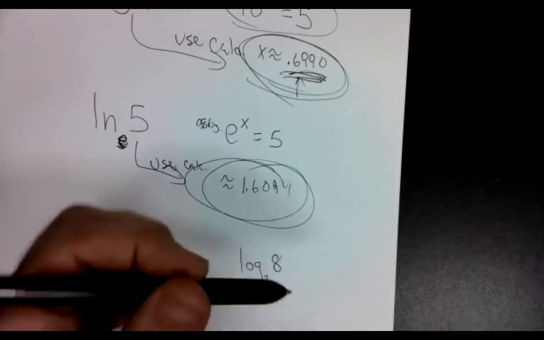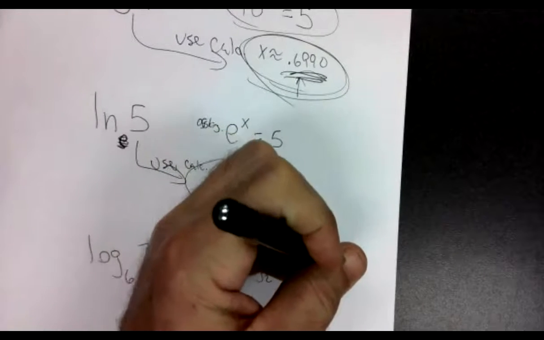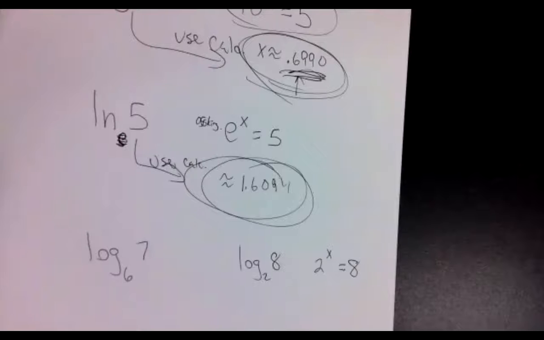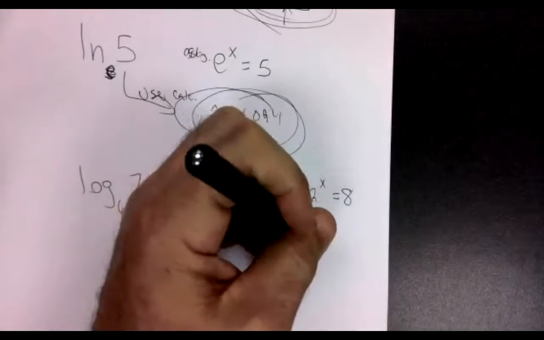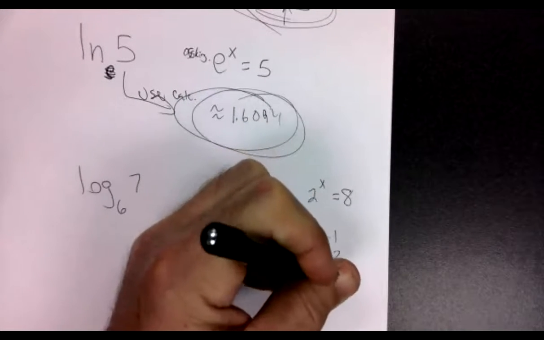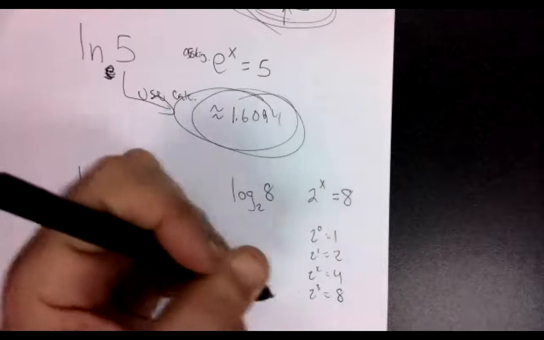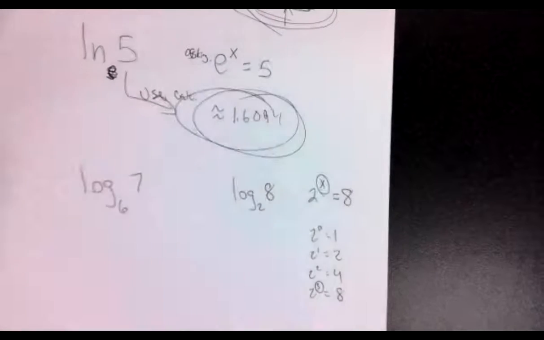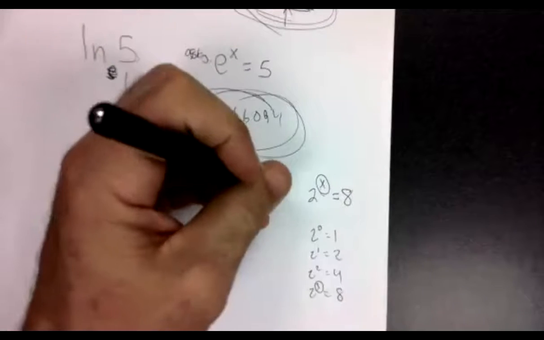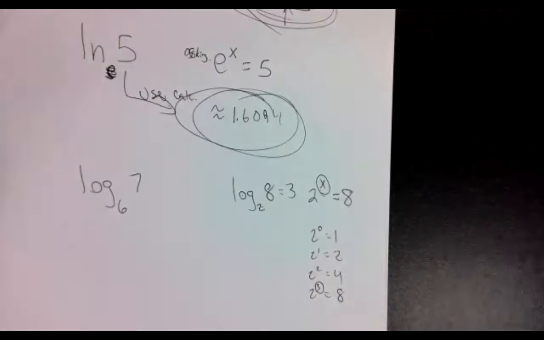So again, what this is asking is 2 to what power is 8? Well, you'd have to kind of guess and check. Well, 2 to the 0 is 1, 2 to the first power is 2, 2 squared is 4, 2 cubed is 8. Aha, got it. X is 3. So this log sub 2 of 8 is 3.